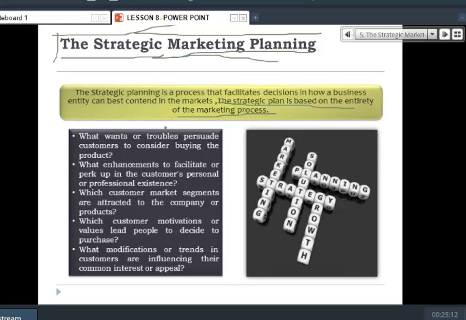Normally the strategic marketing plan focuses on the below points. What makes the customer think or consider to buy your product? Just give a reason to your customers to buy your products, to buy your idea.